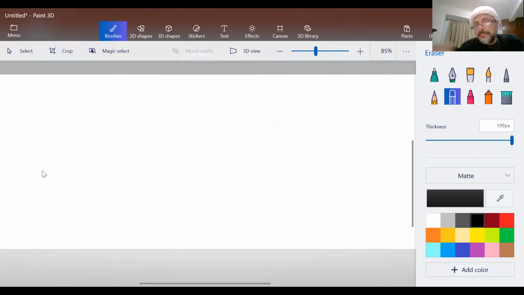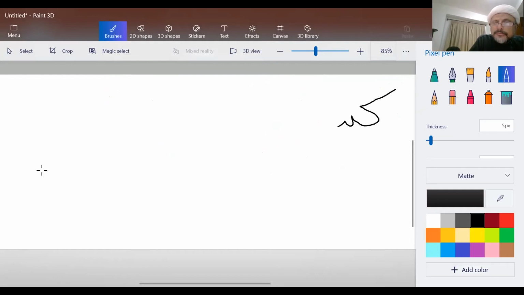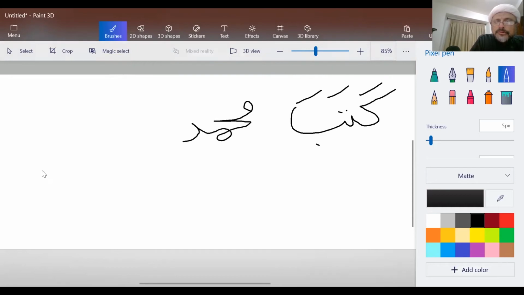I'll write the same example. Don't worry about it. So this was kataba, wrote, Muhammadun, ad-darsa.